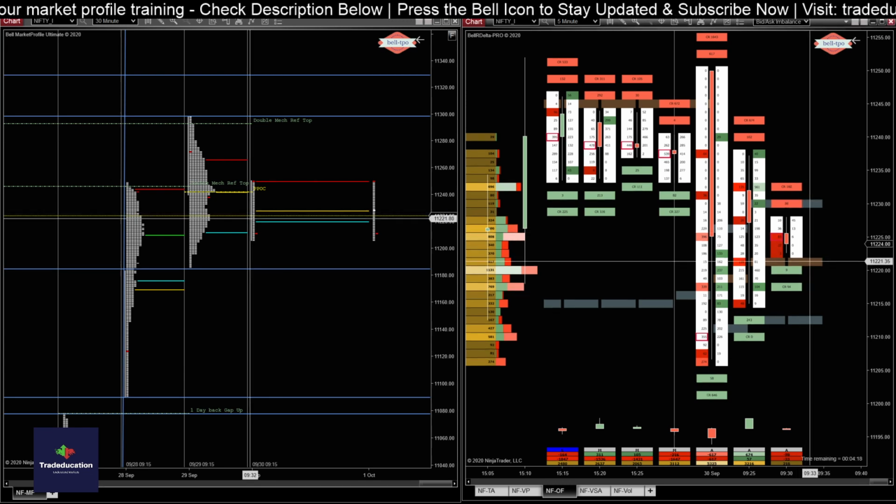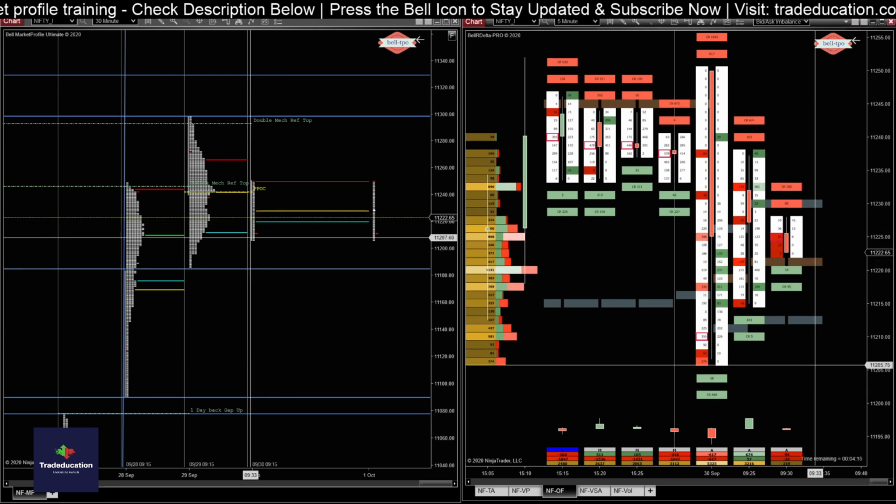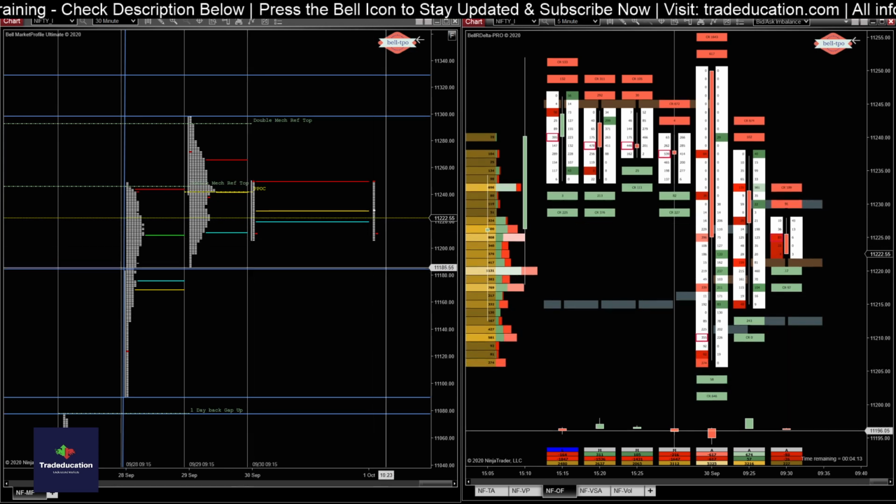I'm expecting this candle to close below VWAP and continue to the downside, to the lower side.